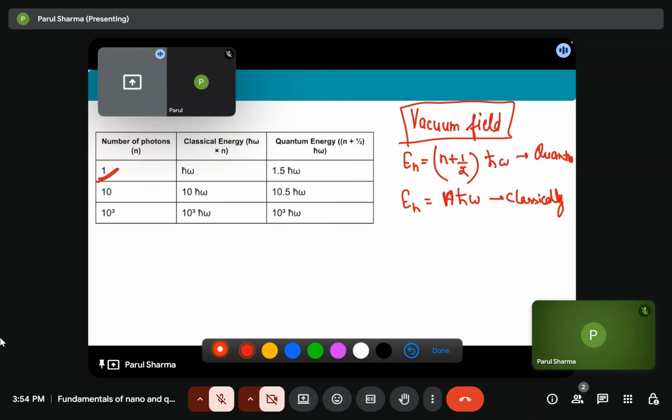So if we have a single photon, then classically the energy will be h cross omega, whereas quantum mechanically we will have 1.5.